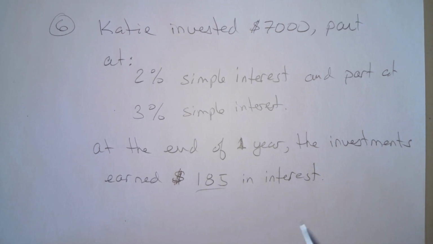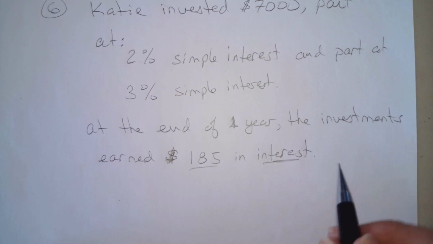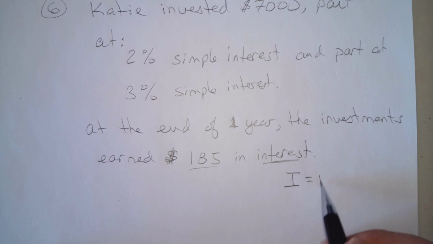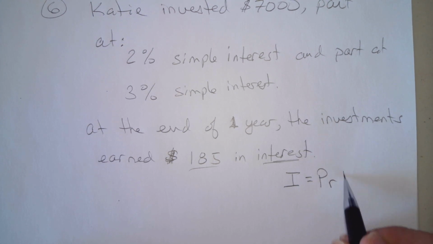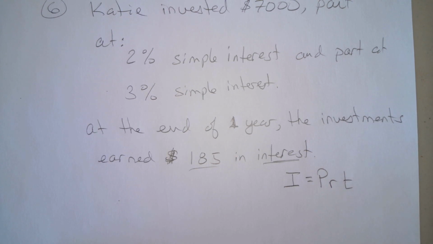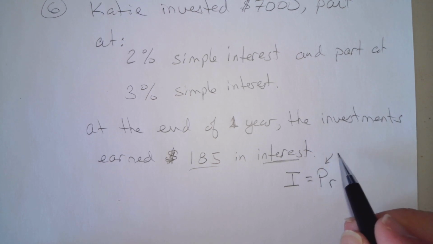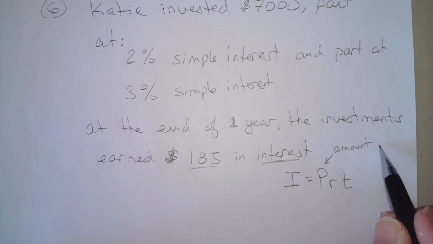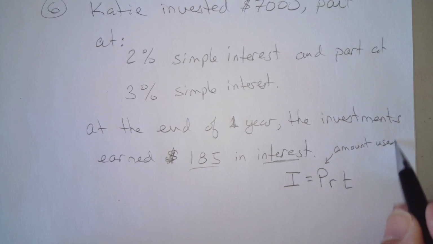This is obviously an interest formula problem. The interest formula is interest equals the principal times rate times time. Okay, the principal is the amount used.